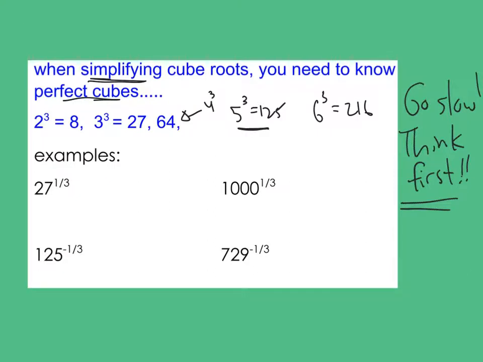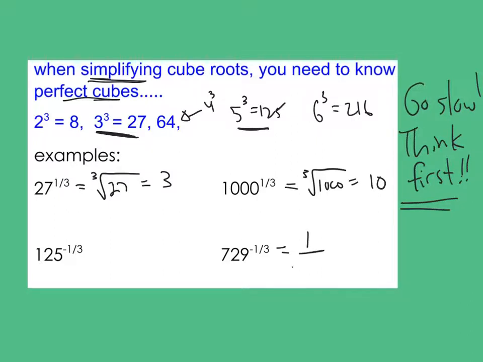Okay, so examples. 27 to the 1/3 is going to be the cube root of 27, which is 3, right? Because 3 to the 3rd is 27. And I know that 10 to the 3rd is 1,000, so that's 10. And then we have this 729 to the negative 1/3. Now first, that's going to be 1 over 729 to the positive 1/3, right?